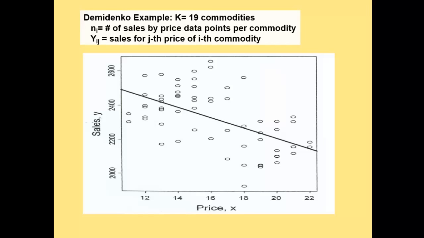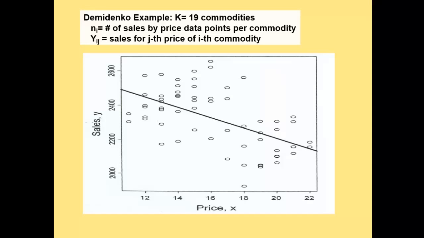Now you notice I've drawn this regression line. Does it make sense given the plot? One reason it doesn't make sense is that it doesn't consider that some commodities have been offered for sale more than once, so the different sales on a given commodity are correlated with one another.